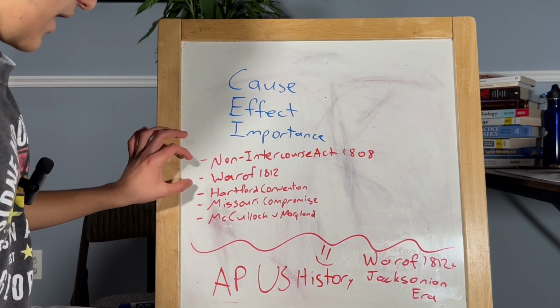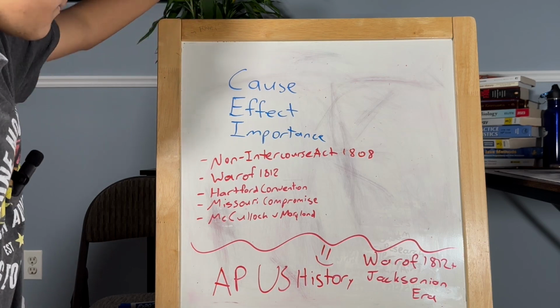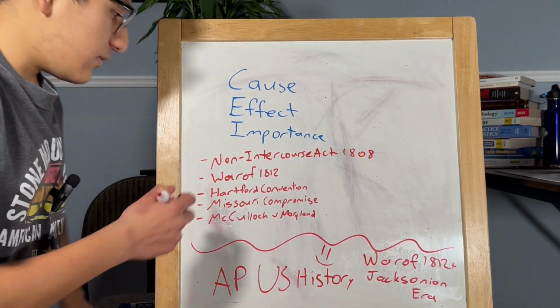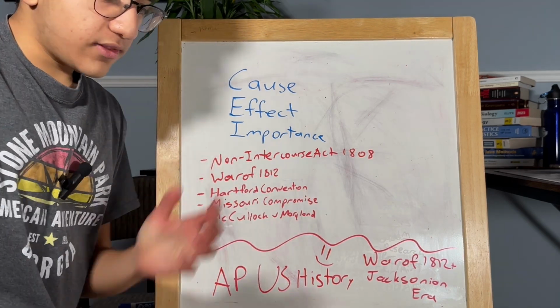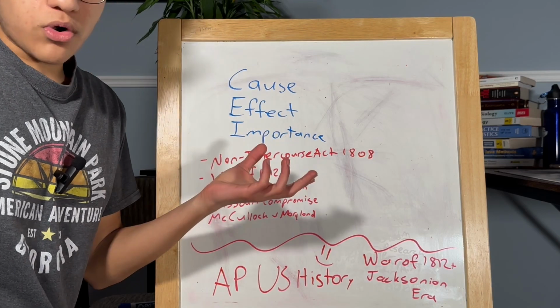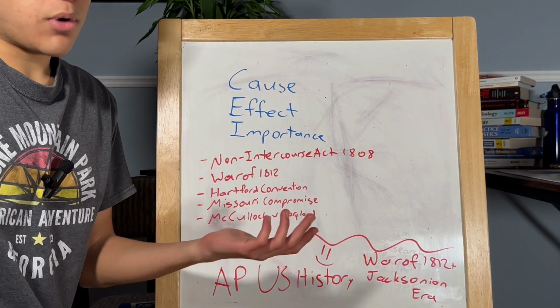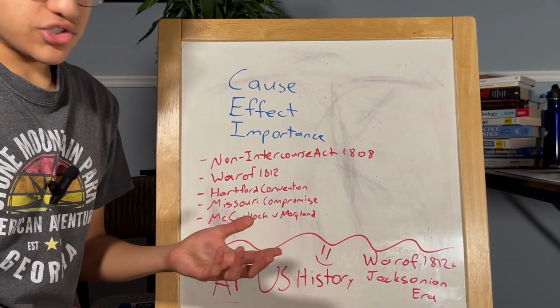Now, another effect, or importance of it, could be both: the Hartford Convention. This was caused because the New Englanders opposed the war because they didn't want to stop impressment. They didn't like the embargo because their ships can't trade with the British.